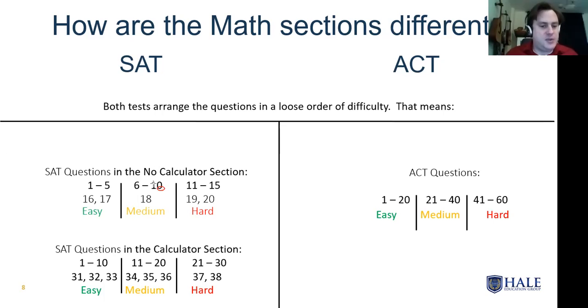Now, is question 10 on the no calculator section of the SAT, for instance, going to be easier than question 11? Maybe, maybe not. But what's definitely true, for example, is that question number 1 is going to be easier than question number 15.